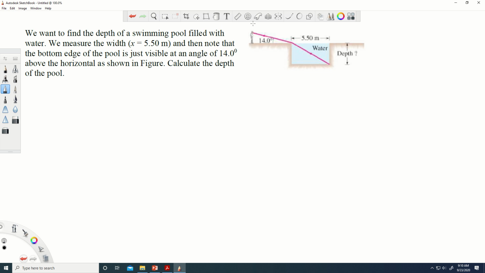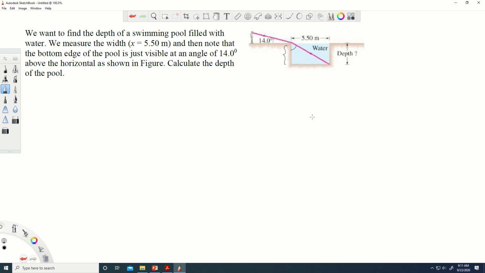You can use Snell's law to find the depth. We have this triangle. If we could somehow find this angle, then we can find this depth, because we have this distance and we have that angle, and using that triangle we can find this distance, which is the required depth. So we need to find this angle first. To find this angle we can use Snell's law.